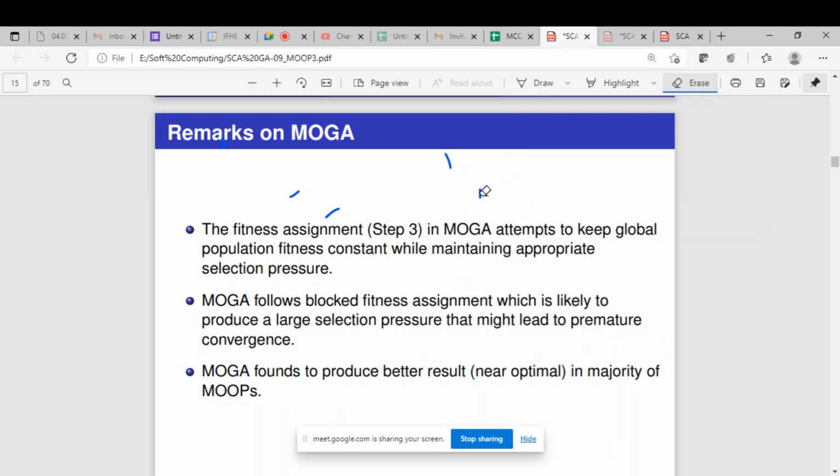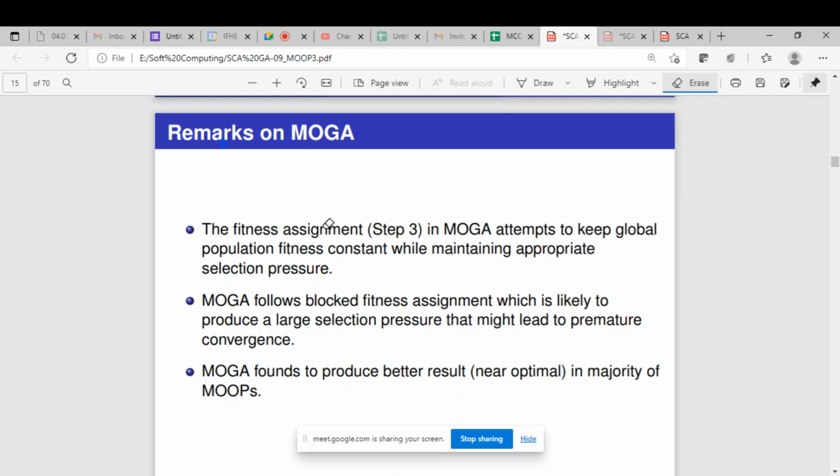So what is ranking? Using that formula we identify the rank for every individual, such that the rank of xi is equal to 1 plus pi, where pi represents the number of individuals dominating xi, right?